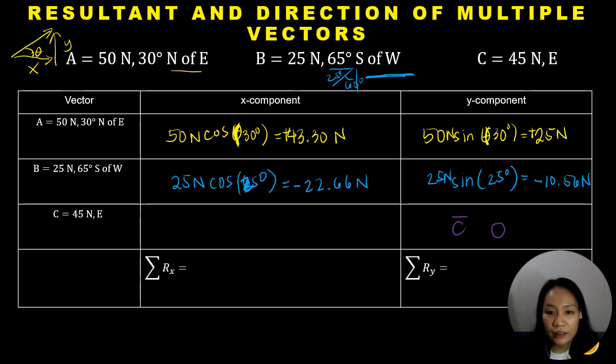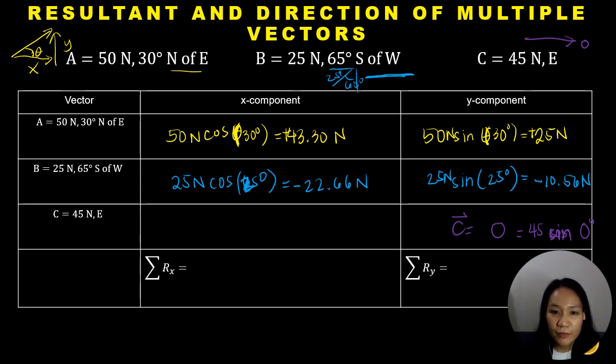Or a more formal way, you can still compute 45 sine of the angle along the horizontal. But since this is the east, that's 0 degrees, obviously. So sine 0. If you type it in your calculator, 45 sine 0 is still 0. So you can skip the calculation if you want, or you can place the calculation. Still, it's up to you.